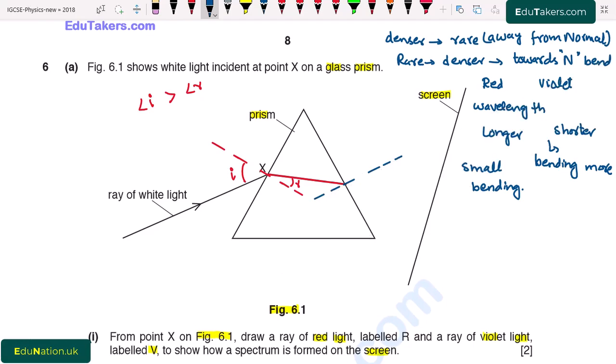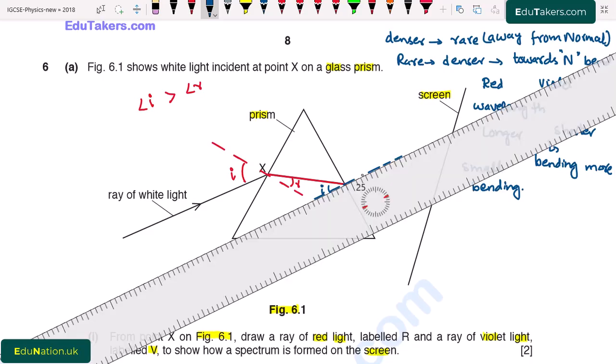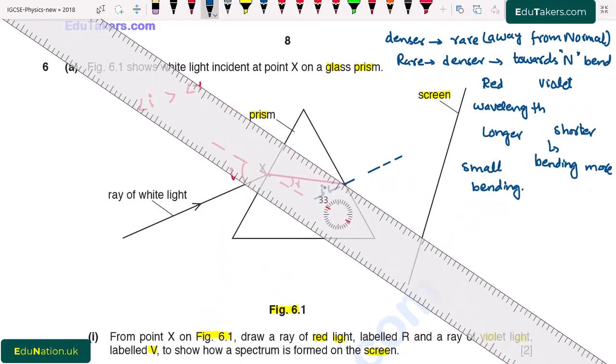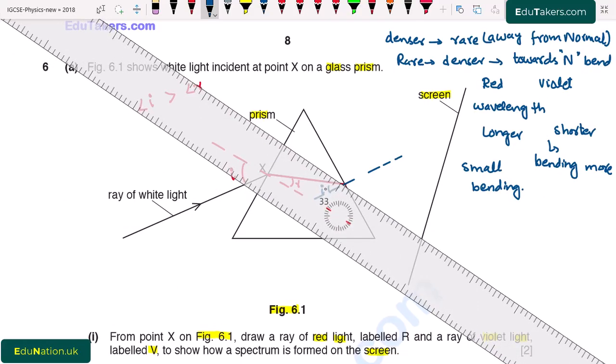Here we can see that the ray of light is coming from a denser to a rarer medium, so it will bend away from the normal. If this is the angle of incidence, then the angle of refraction must be larger because the ray bends away from this normal, just like this.